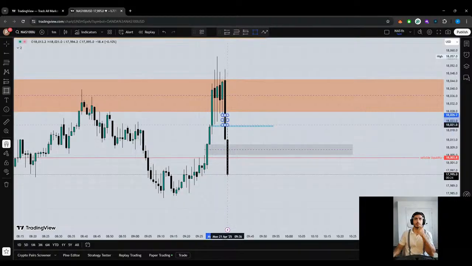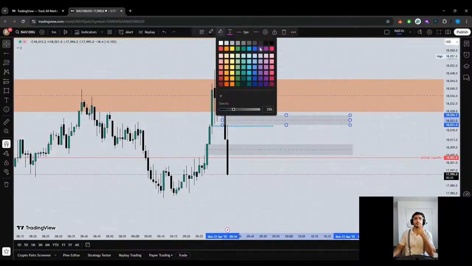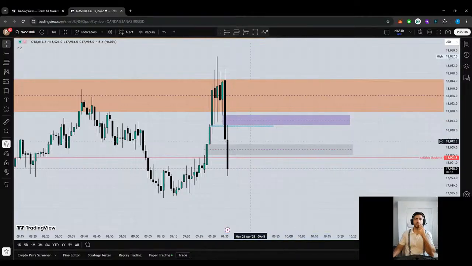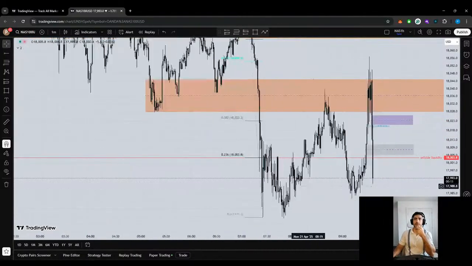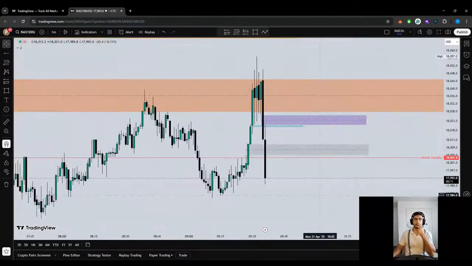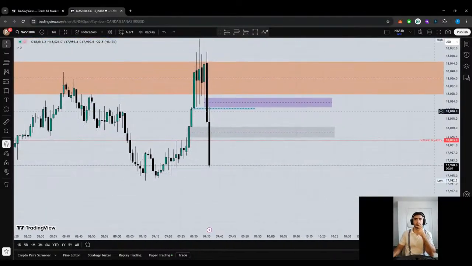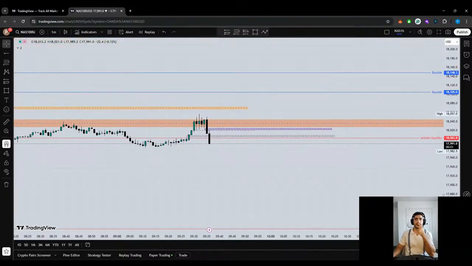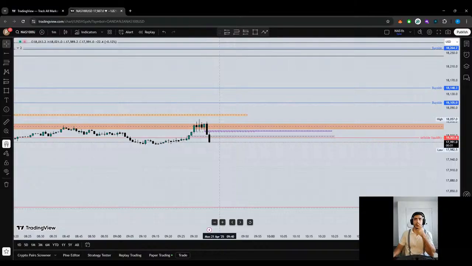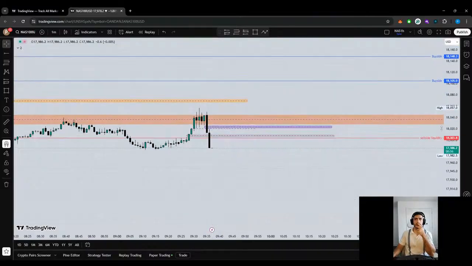Let's make that one in purple unless this candle reverses. But that's the first presented fair value gap. And we have some lows over here that seem interesting to be taken. And we have this sell side over here. It's what, 200 points away? Yeah, 200 points away.